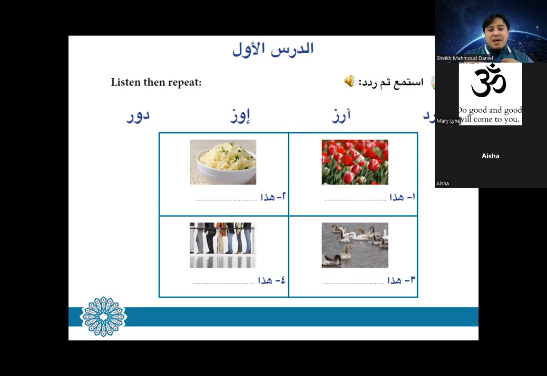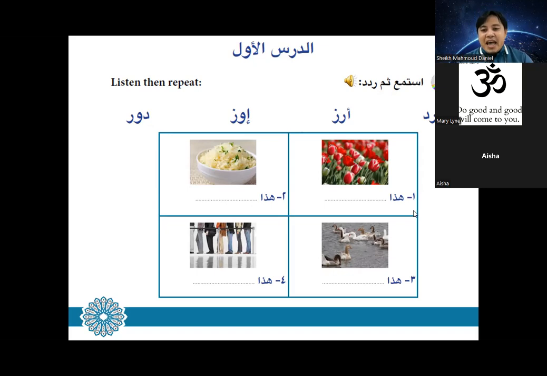I'm demonstrating that I am particularly pointing to a thing. This is, that is. That is the demonstrative pronoun in English. In Arabic, we called it al-asma al-ishara.